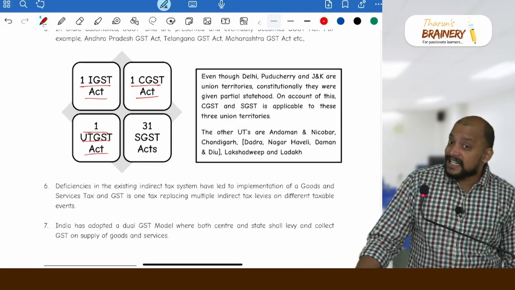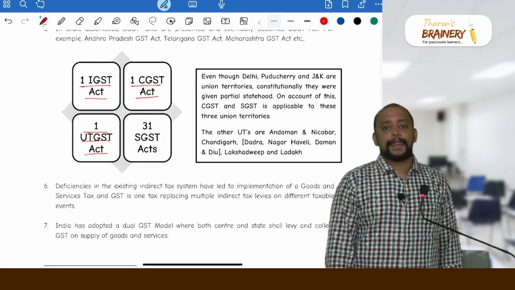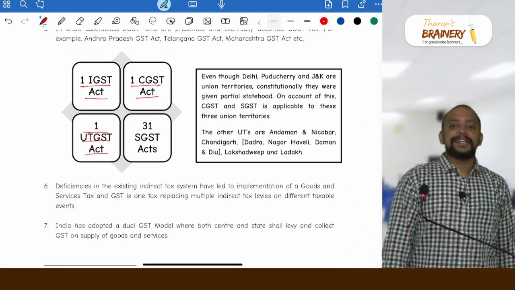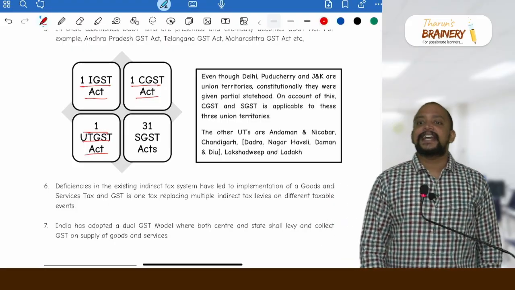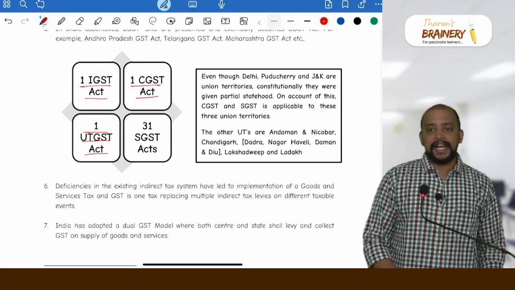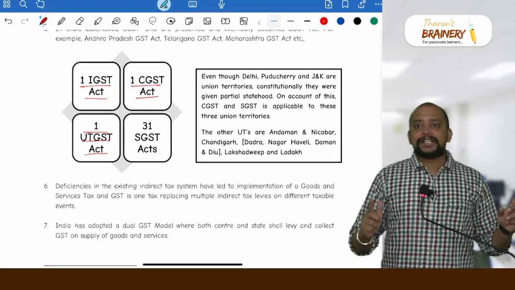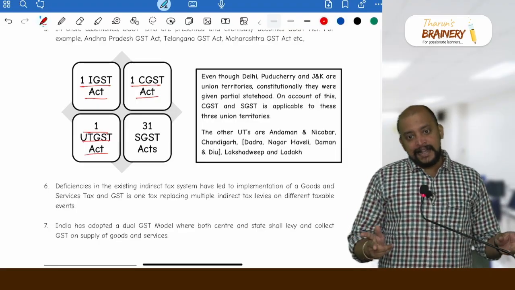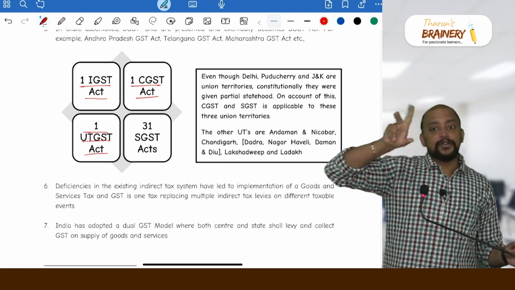Now who will levy SGST? The state government. How many state governments do we have? 28 states. Previously 29, because Andhra Pradesh got separated into AP and Telangana, and Jammu and Kashmir became a union territory.